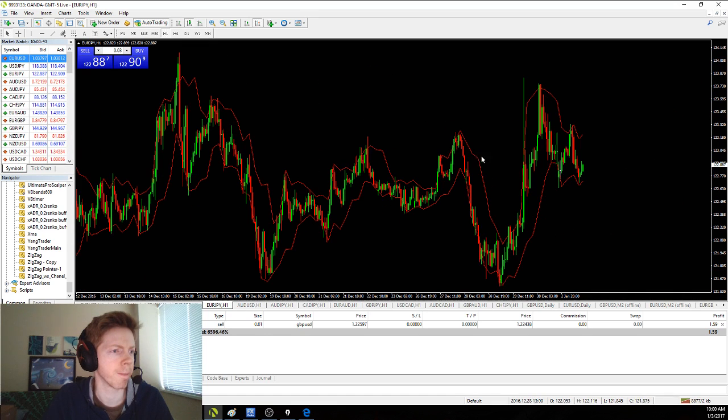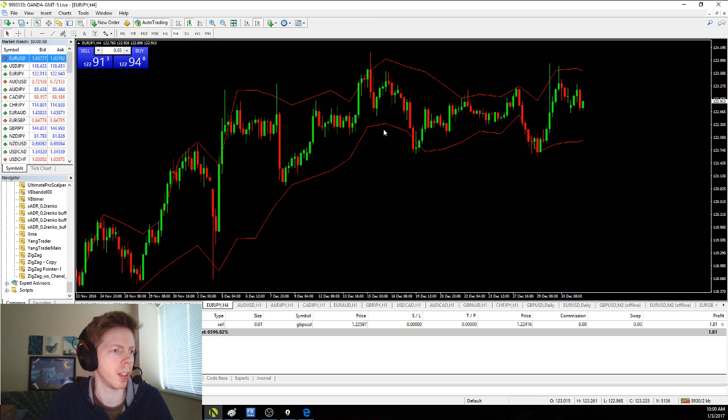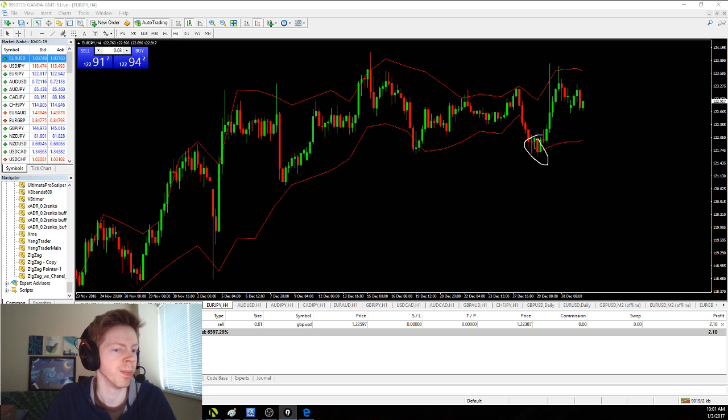Okay, the euro Japanese yen. This is kind of like a volume indicator. It just shows me what price is doing. Not a whole lot going on here. It has been in an uptrend. Really good entries here on the 4 hour, and also here. There's two inside candles right at the support level here at 1.22, and it did hold here.